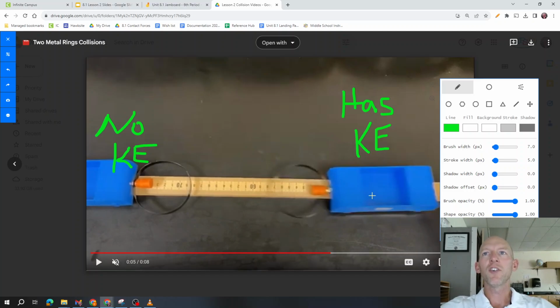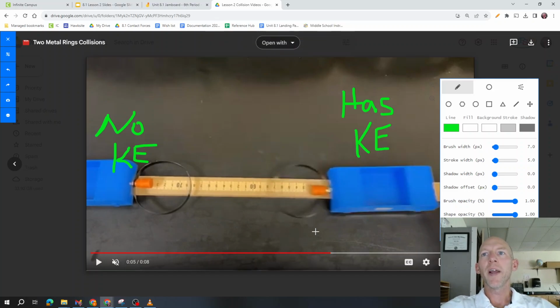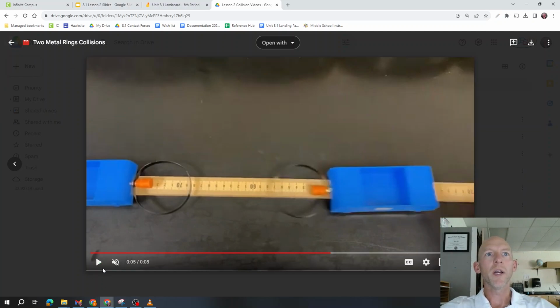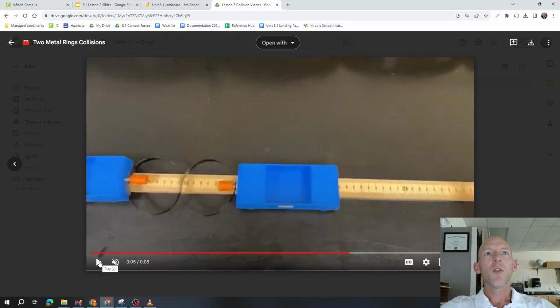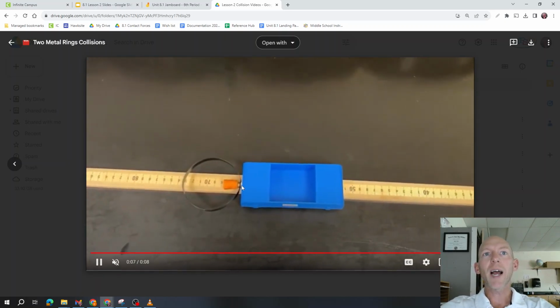Remember, kinetic energy is just the energy moving things have. So this one on the right's moving, it has kinetic energy. The one on the left, not moving, does not have kinetic energy. Okay? And watch what happens when they collide into each other. When they collide, the one on the left starts moving and the one on the right stops.